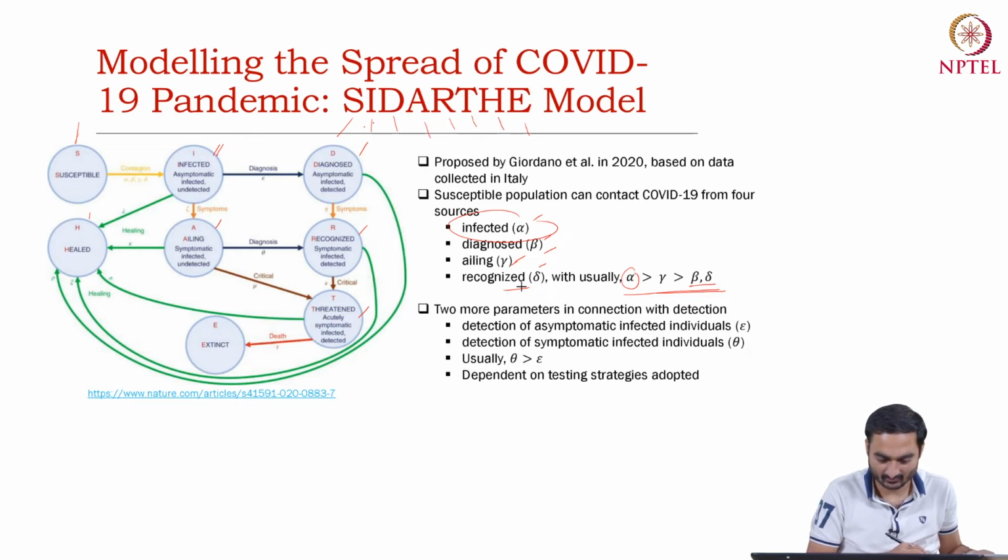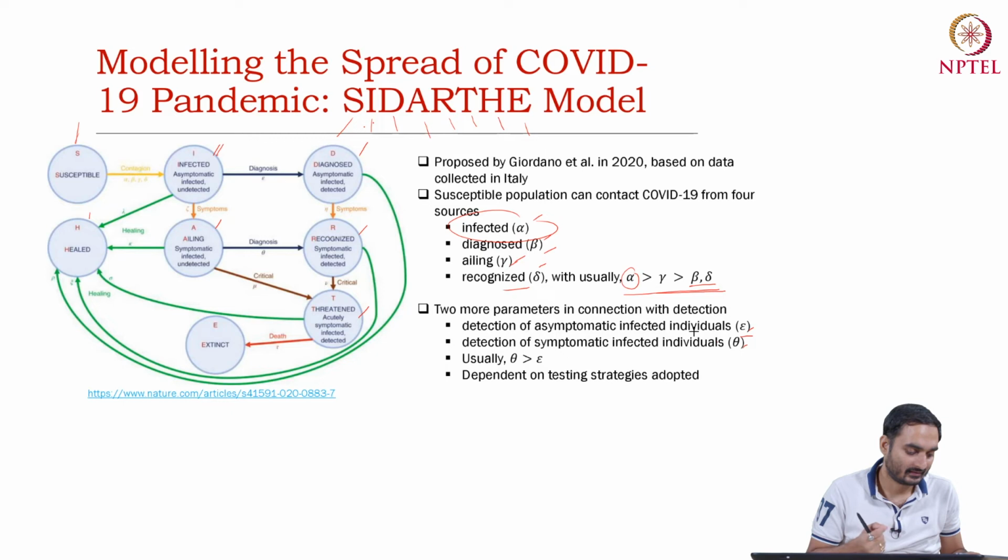We have a few other parameters. We have epsilon, theta, these are also connected to detection, right. So, this epsilon governs the detection of asymptomatic infected individuals.